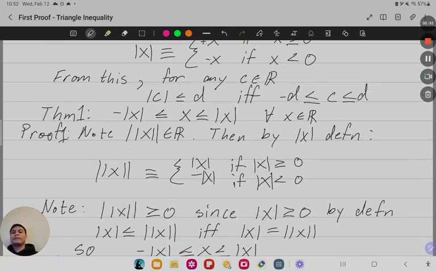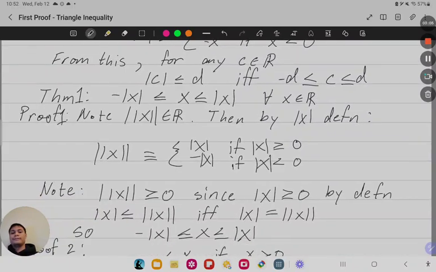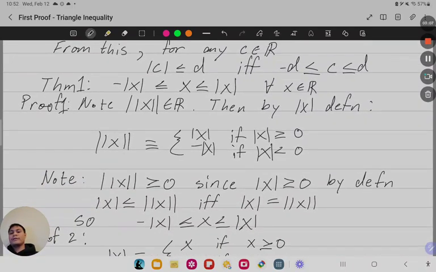So first off, we're going to note that if I took the absolute value of the absolute value of x, it's going to be a real number because x was a real number in the first place. So the absolute value of x is going to be a real number, and the absolute value of the absolute value of x is going to be a real number. And then we're going to quote the absolute value definition. It's going to be nested with these absolute values.